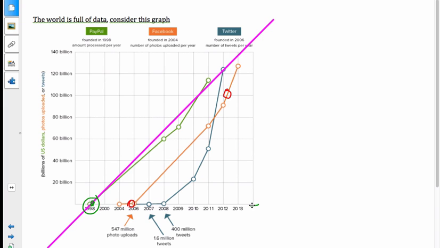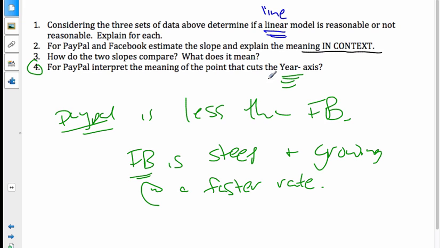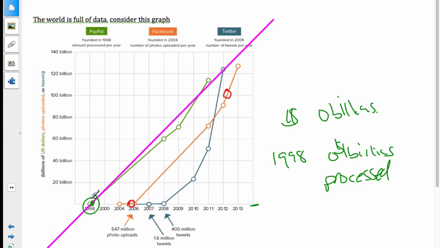Well, I know that the height here is money in billions processed, so the money is 0 billion. And so if I estimate this, it says in 1998 there were $0 billion processed. That's the interpretation. So when the vertical axis is 0, what's the year axis telling us?